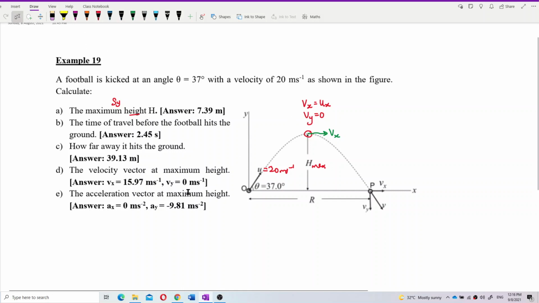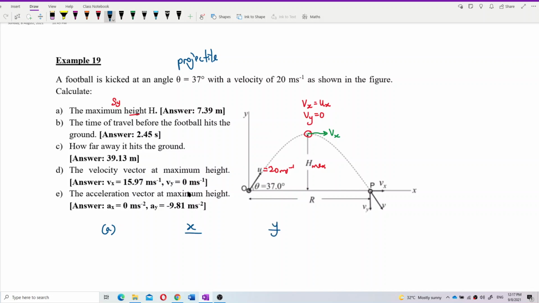Now let's continue with part A. This is a projectile question, so it has two components, x and y. Talking about acceleration, ax is 0 and ay is negative g.